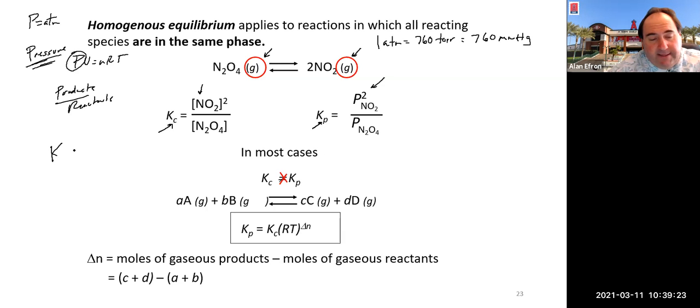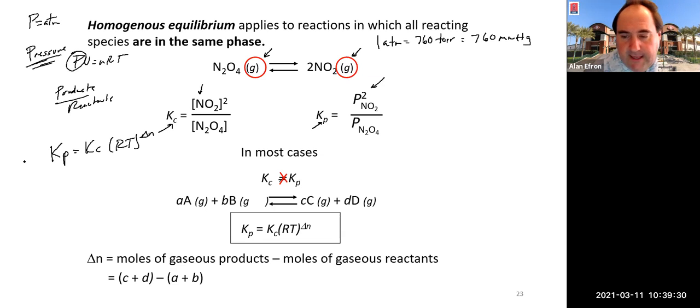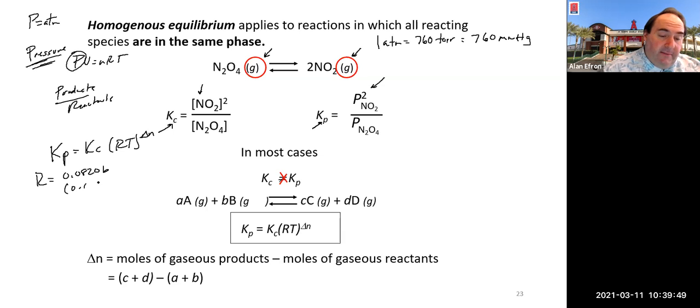This is Kp equals Kc (RT) to the delta n. So in this particular case, our Kp is our equilibrium constant for pressure. Kc is our equilibrium constant for concentration. R is our gas constant, just like you use in the gas law, so 0.08206, or if you've learned the rounded number 0.0821, you could use that as well.